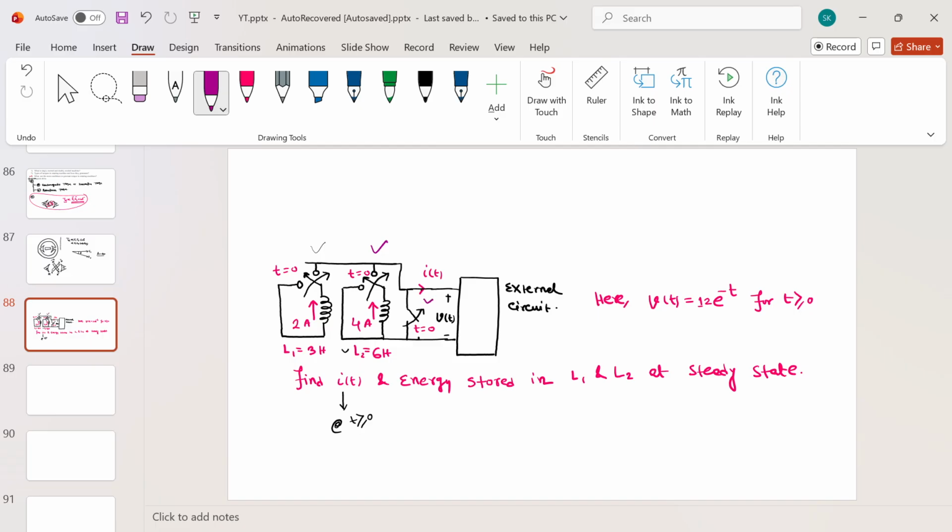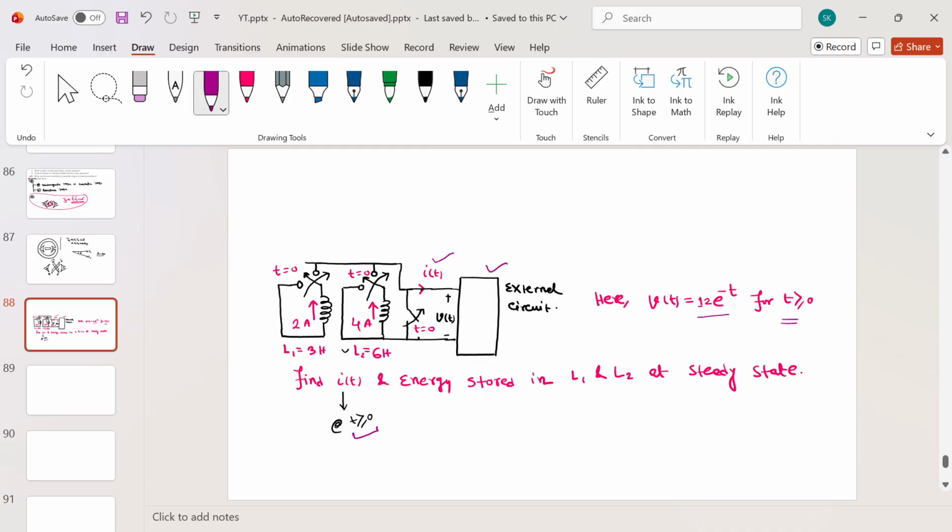And at t equal to 0, the switching action is happening, like the switch is moving from one position to another position, and you have one external circuit, and the voltage across the external circuit is given as 12 e to the power minus t for t greater than or equal to 0. You need to find out the I of t for t greater than or equal to 0 and energy stored in L1 and L2 at steady state.